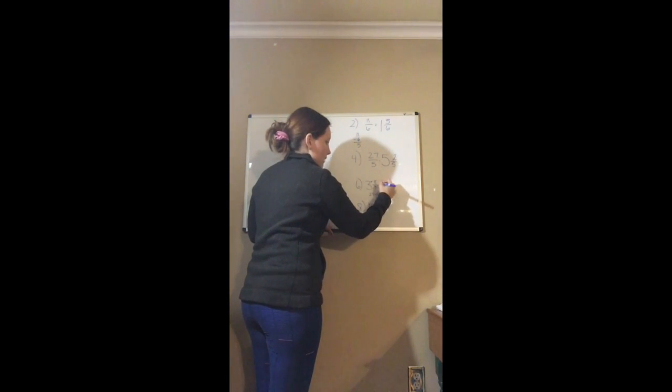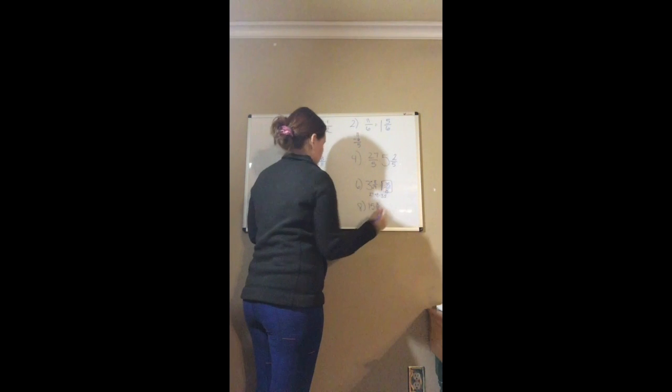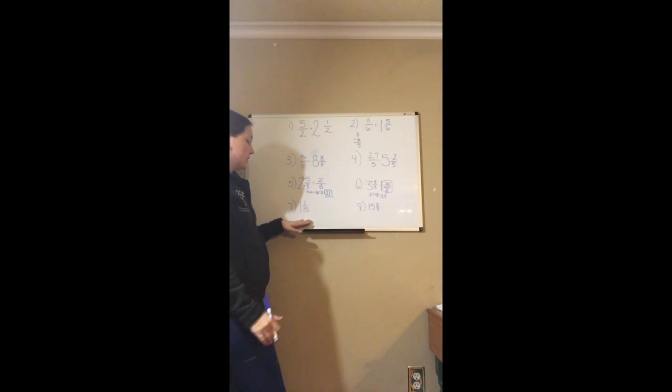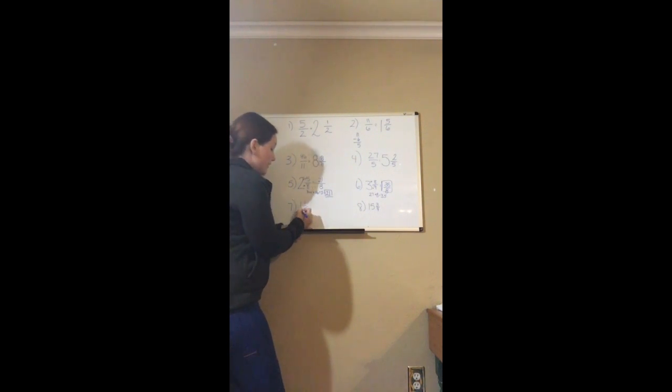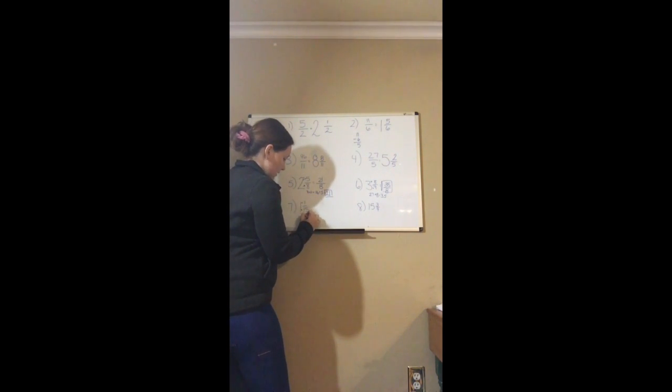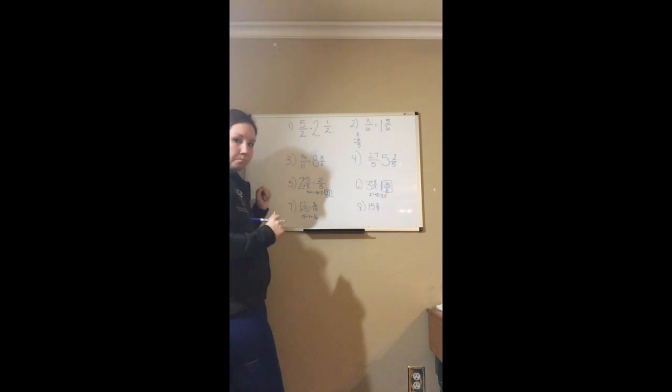That number becomes our numerator, and we keep the same denominator. All right, this one down here. So we have 15 times 1 plus 1. 15 times 1 becomes 15, so 15 plus 1 equals 16. This becomes our numerator, and we keep the same denominator.